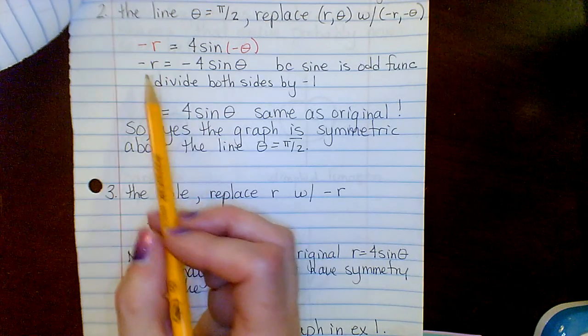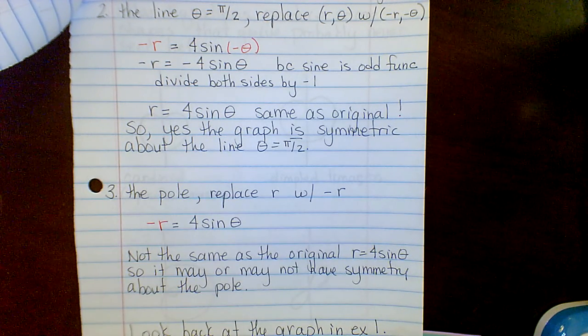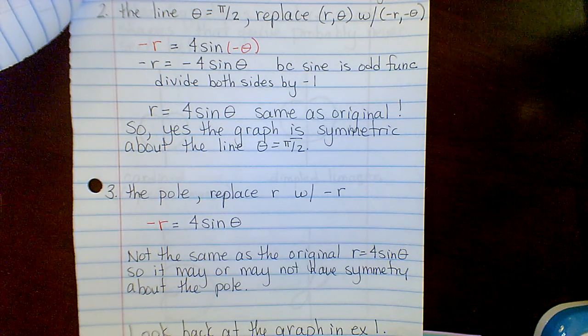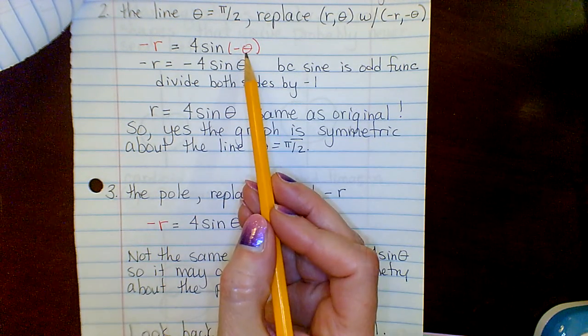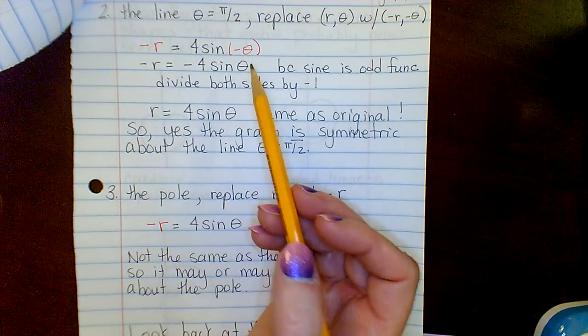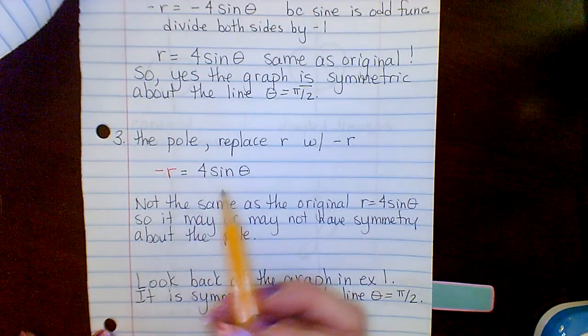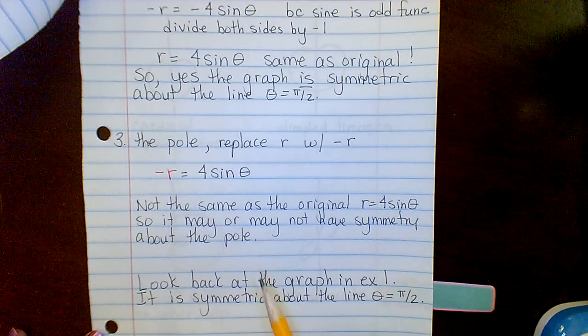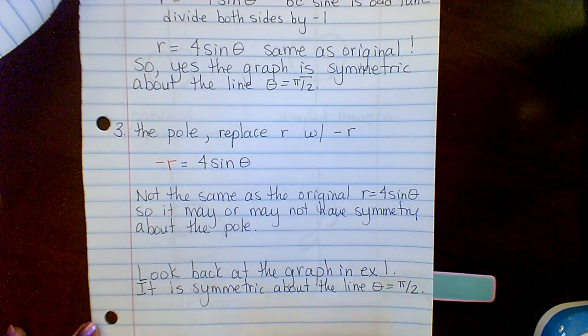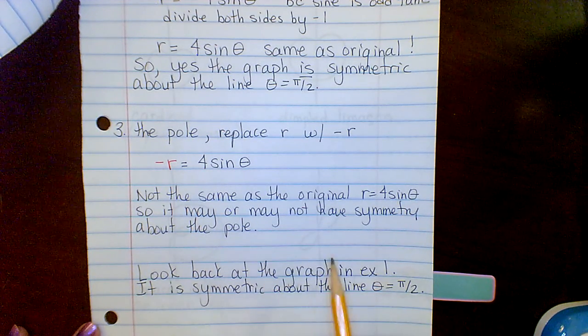They're going to end up being the same if you end up with two negatives and you can divide them out, or maybe in the case of the cosine function, how it's an even function. If this were cosine of negative theta, that'd be the same as cosine theta. So in cases like that, the equation is going to remain unchanged. Because this is not the same, we may or may not have symmetry. Remember, the test is inconclusive.